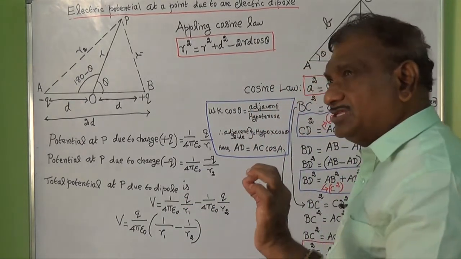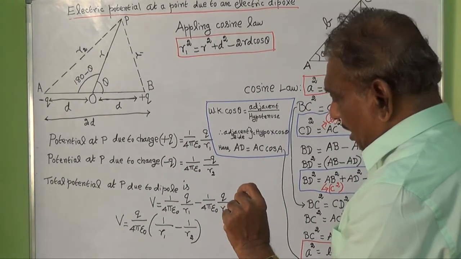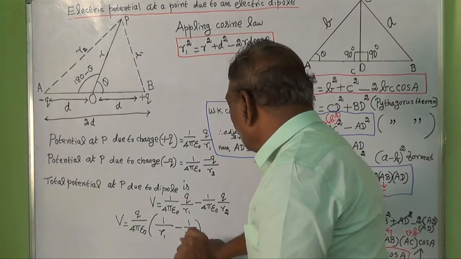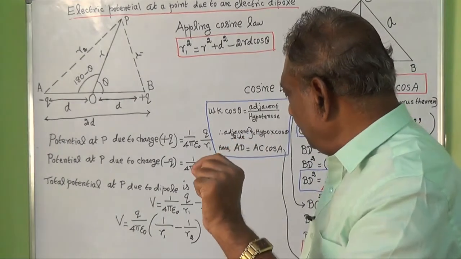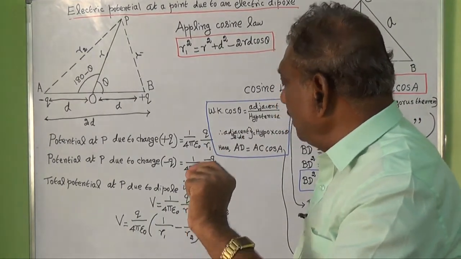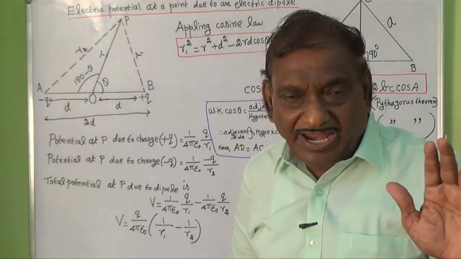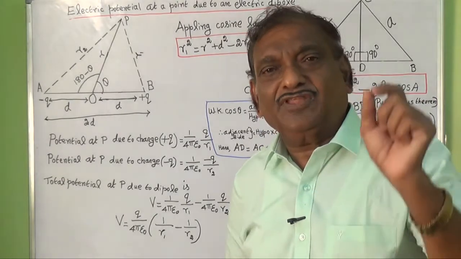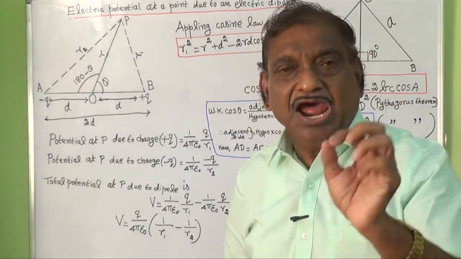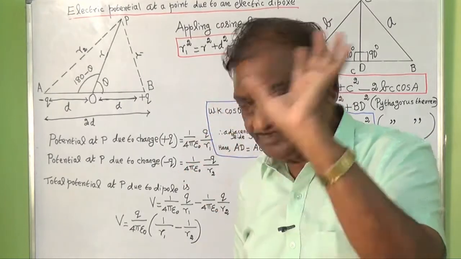In this case, we have to find the distances R1 and R2. If we do not know the distances R1 and R2, we cannot find the derivation for the electric potential at a point due to the electric dipole.